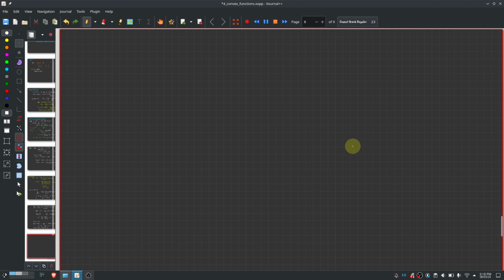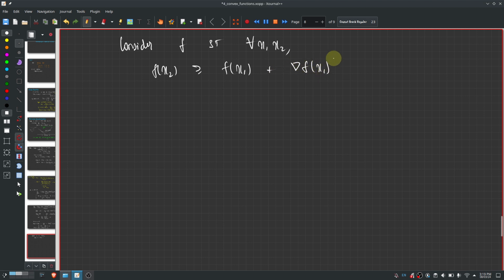So you consider an f such that for all x1, x2, f of x2 is always greater than or equal to f of x1 plus gradient of f at x1 transpose x2 minus x1.